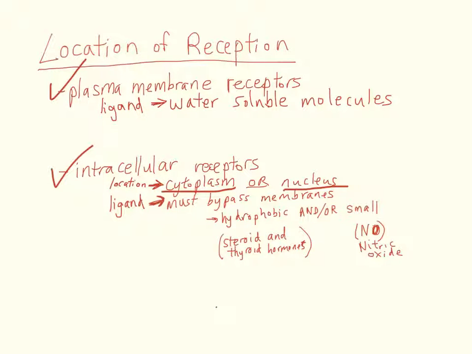The ligand must bypass the plasma membrane and sometimes has to bypass the nuclear membrane on its own. So it must be either hydrophobic or not hydrophobic, but extremely small. Examples of hydrophobic ligands would be steroids and thyroid hormones, and an example of a very small ligand would be nitric oxide.